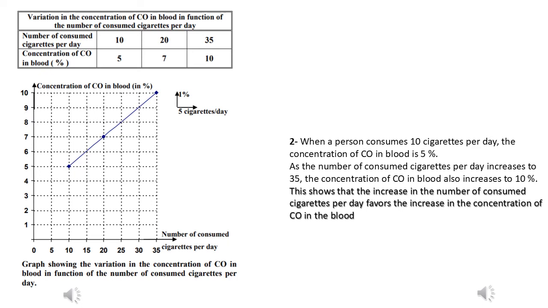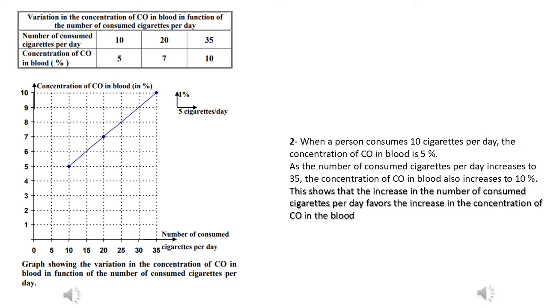Here you can choose to analyze either the table or the graph. Both are correct. The graph starts when the number of consumed cigarettes per day is 10. So do not say when the number of consumed cigarettes per day is 0. When a person consumes 10 cigarettes per day, the concentration of carbon monoxide in the blood is 5%.